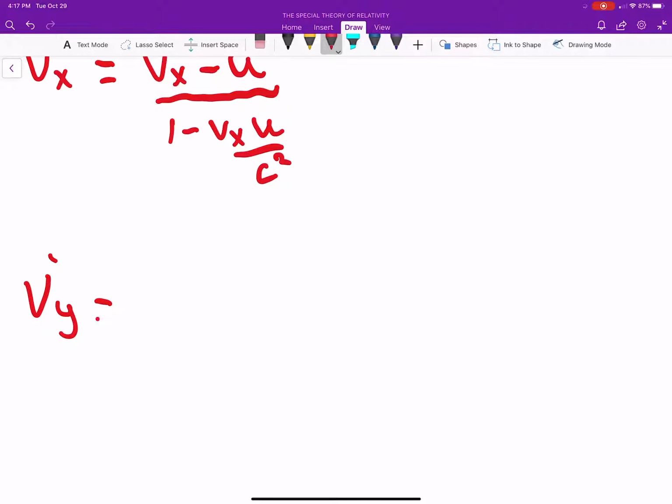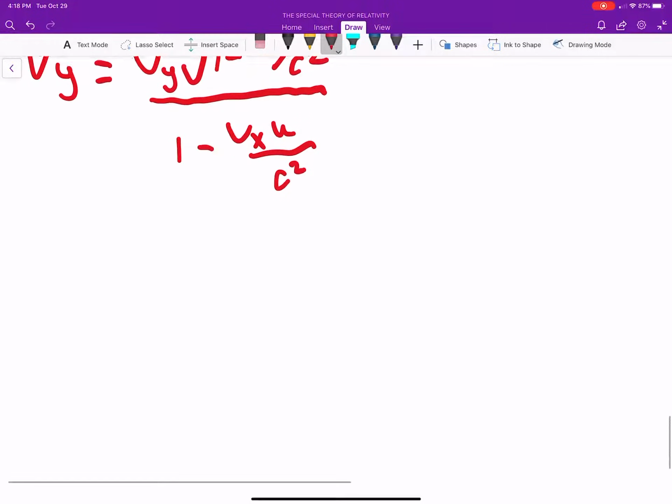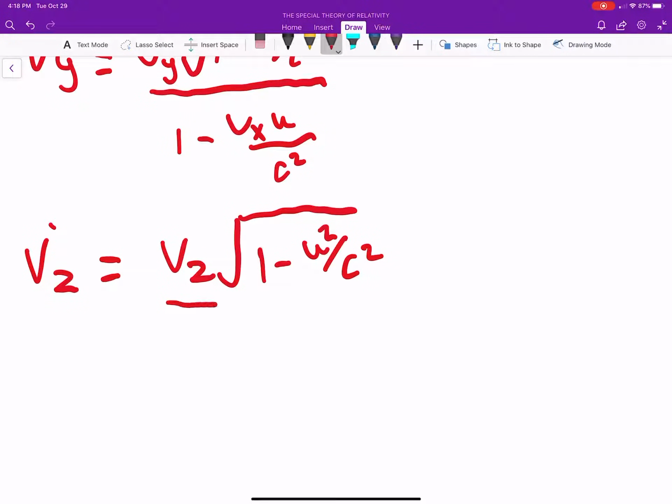V prime y equals Vy times the square root of 1 minus u squared over c squared, all divided by 1 minus Vx u over c squared. And lastly, V prime z is equal to Vz times the square root of 1 minus u squared over c squared, all over 1 minus Vx u over c squared.